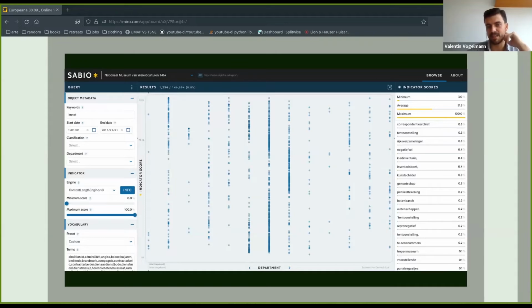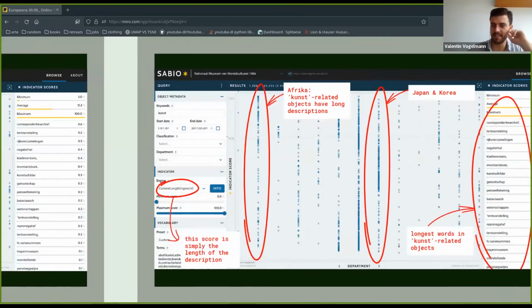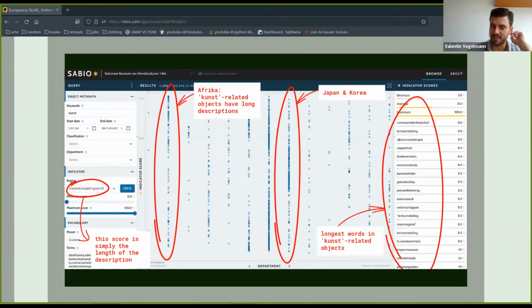Another example is what we call the content length engine, which is an algorithm that does this kind of scoring, so that it highlights objects for people to find them more quickly, or objects that could be interesting for bias research.